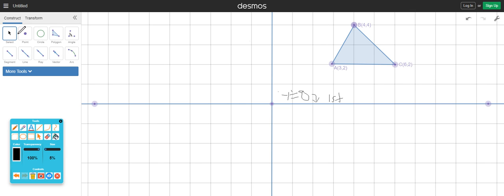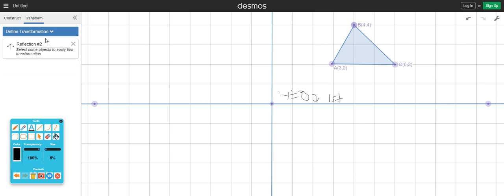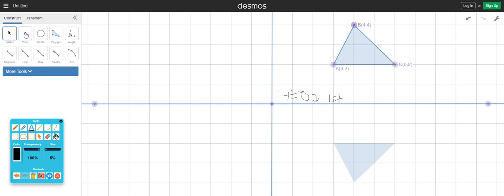Okay. So we are going to go to our transformations. We're going to do a reflection. We're going to choose this line. We're going to choose the shape. And we're going to apply. Okay. So we're going to create a point.